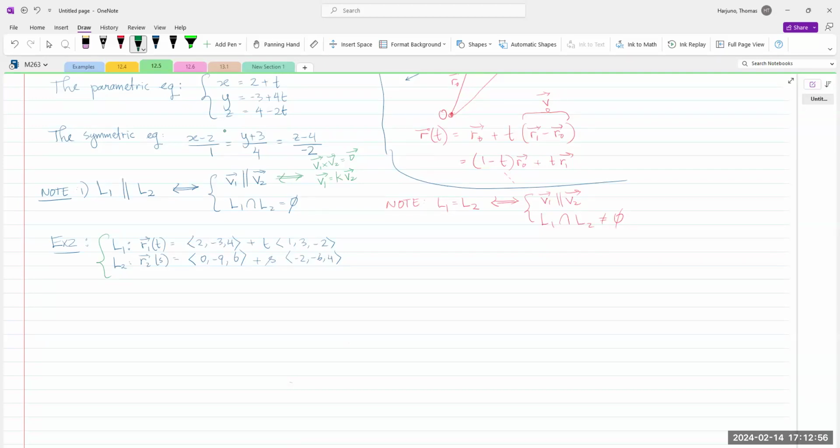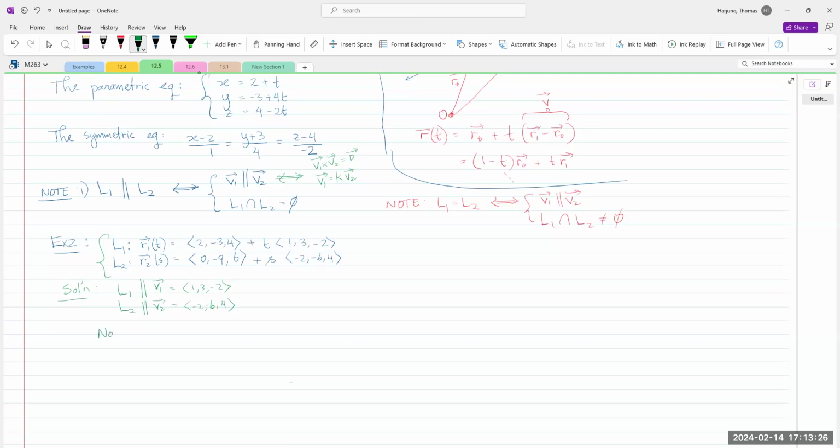Now, going back to our example 2, notice that line 1 is parallel to this vector, let's call that v1, which is (1, 3, -2), and line 2 is parallel to v2, which is (-2, -6, 4).